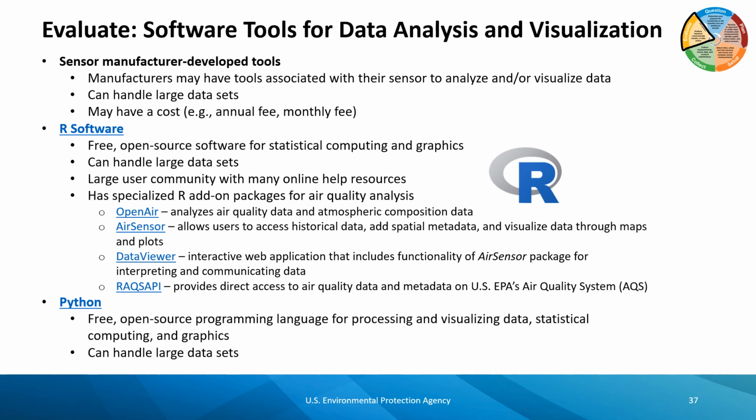R is a free open source software for statistical computing and graphics. It can handle large data sets and has a large user community with many online resources. Some air quality specific add-on packages are also available. Finally, Python is a free, open source programming language that can handle large data sets and can be used for data processing, data visualization, statistical analysis, and graphics.